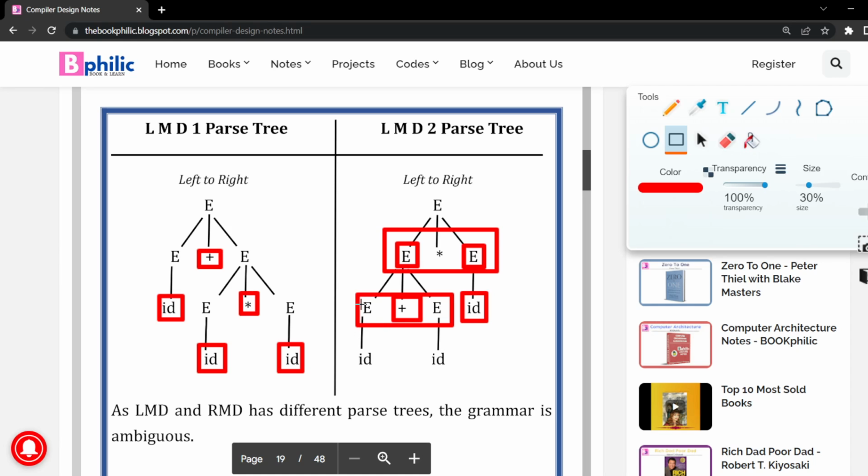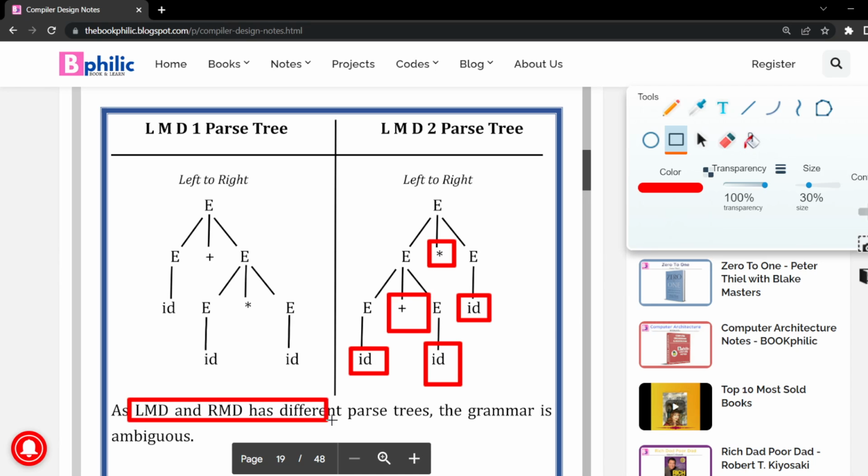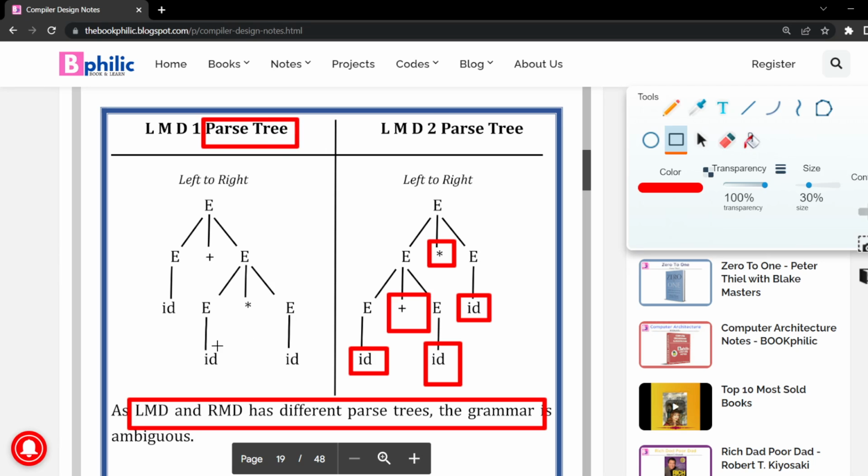Now ultimately this capital E and this capital E will be derived into the respective id. So this is how we have gotten the same syntax, id plus id star id. So we can say that since LMD and RMD have different parse trees, the grammar is ambiguous. Yes, we have generated two different parse trees for the same syntax of the grammar, that is id plus id star id. So we can say that this is nothing but the ambiguity of the grammar.